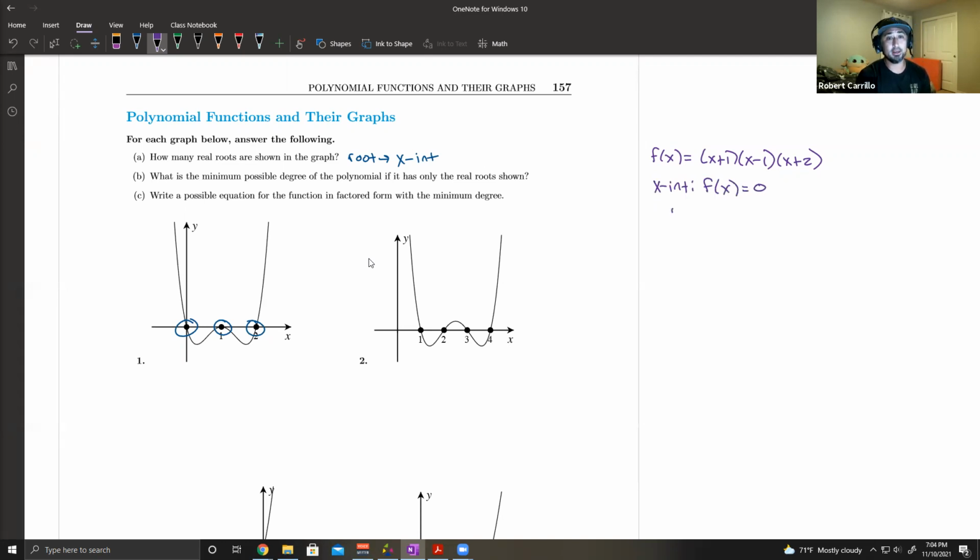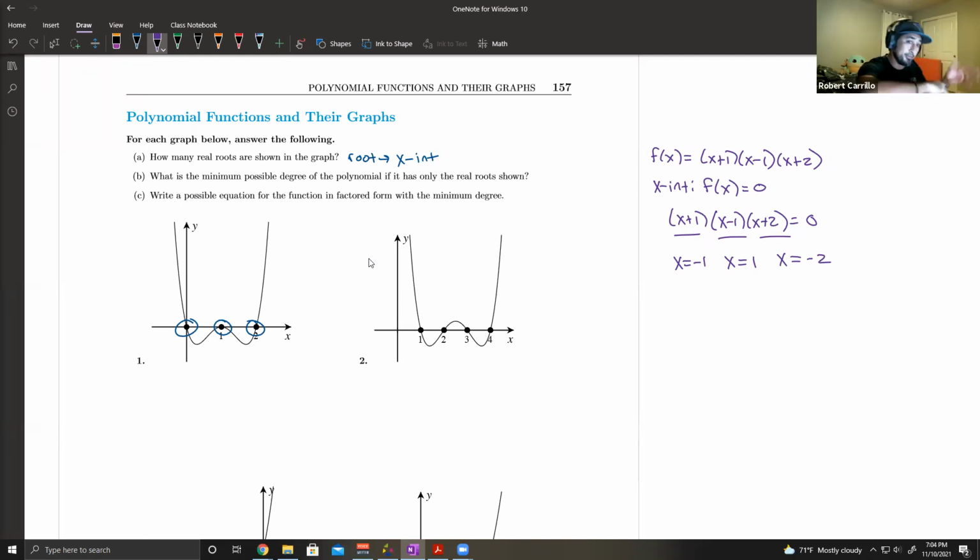So you would set all of these factors equal to 0, and you would get x equals -1, x equals 1, x equals -2. That's something we're used to.